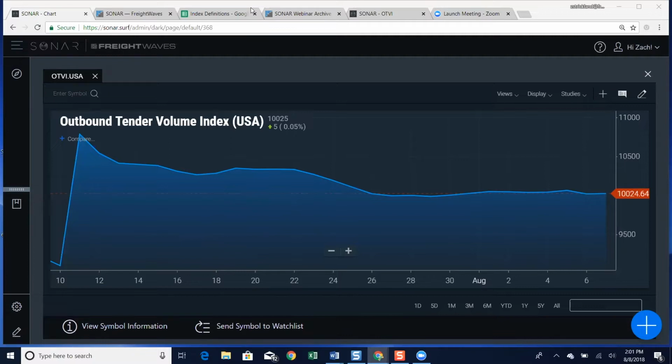And today we're going to dive into a couple of interesting topics. This session will be for somewhat more of the intermediate to advanced user. We'll talk a little bit of the 101s later in the broadcast. But what we're going to cover today is our newest index, which is the Outbound and Inbound Tender Volume Index.